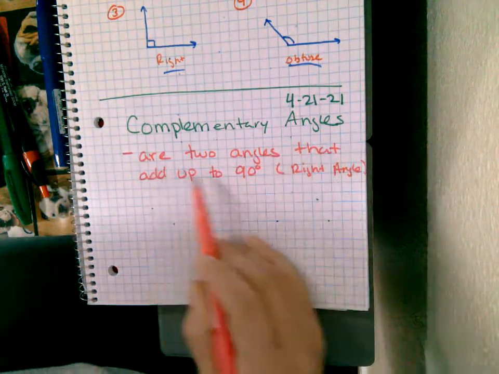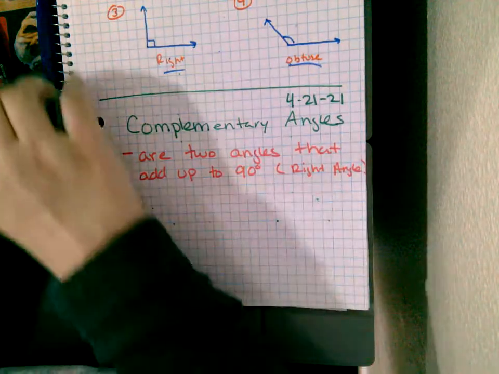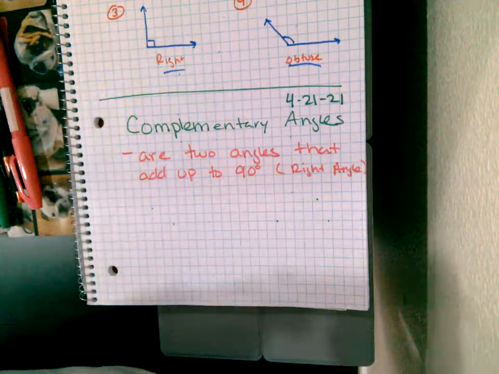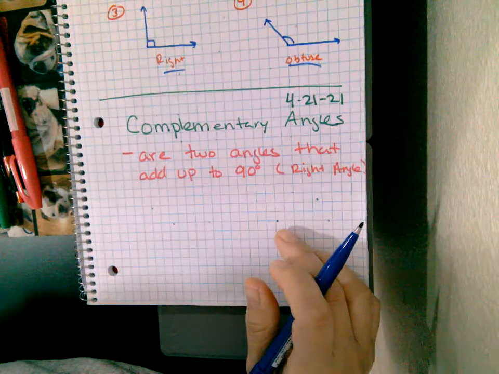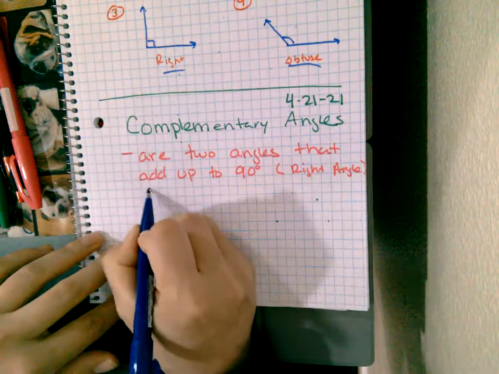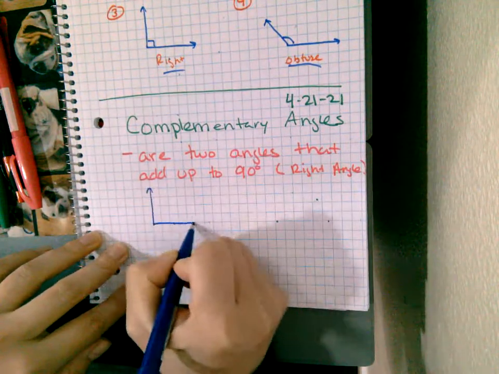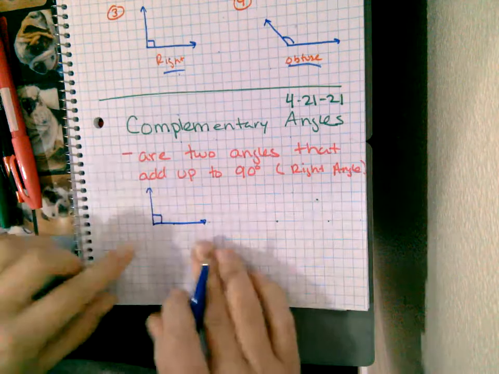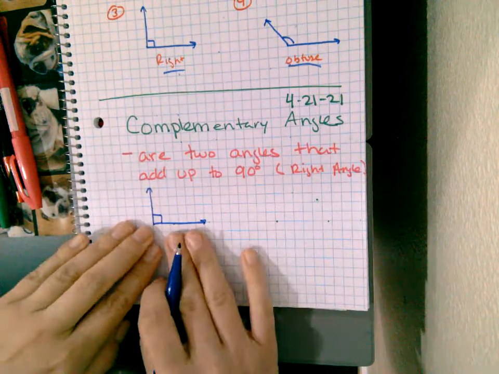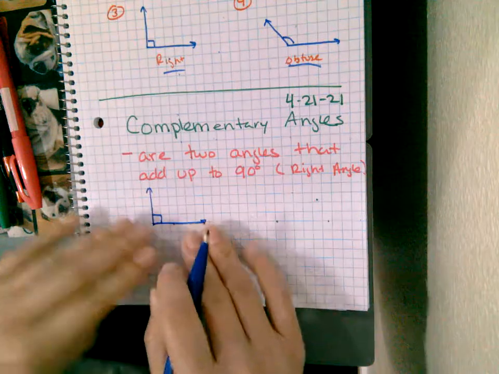Okay, complementary angles are two angles that add up to 90 degrees. Well, we learned Monday, 90 degrees looks like the corner of your paper, right? So this right here is called a right angle.